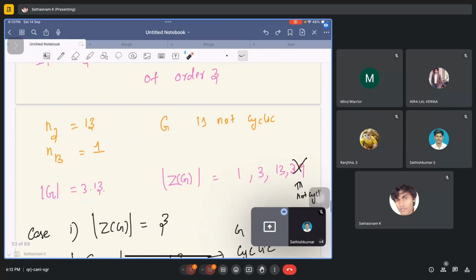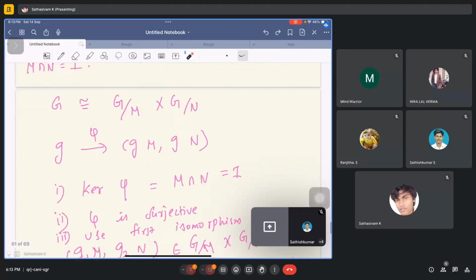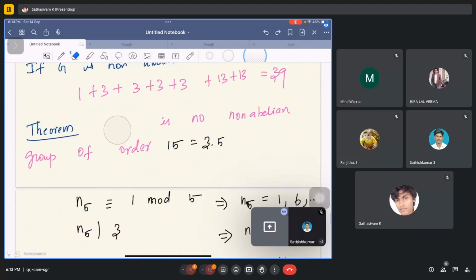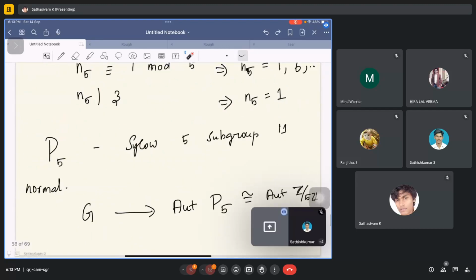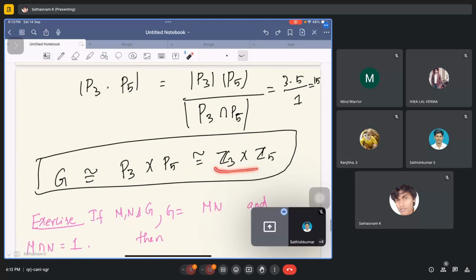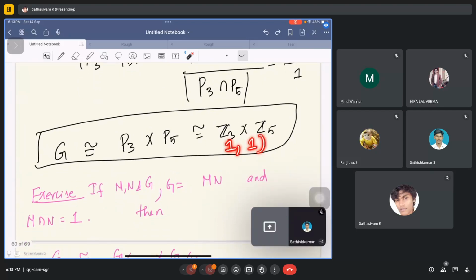So what we proved today is somewhere here. Yeah, what we proved is there is no non-abelian group of order 15. That is what we have proved today. So any group here will look like Z3 cross Z5, but you can see that if you take an element, let's say (1, 1), and you compute its order, it will become 15.